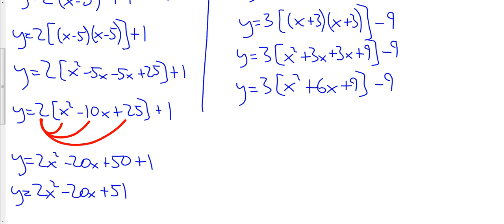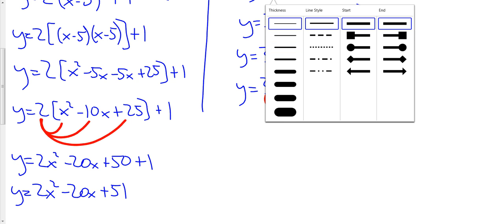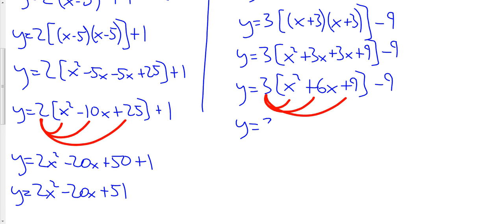Now I have to use my distributive property just like I had on the other side, and multiply 3 times x squared, 3 times 6x, and 3 times positive 9. If I do that, I end up with y is equal to 3x squared, 3 times 6x is positive 18x, and 3 times positive 9 is positive 27, and then negative 9 on the end. Now I have to collect the last of my like terms.